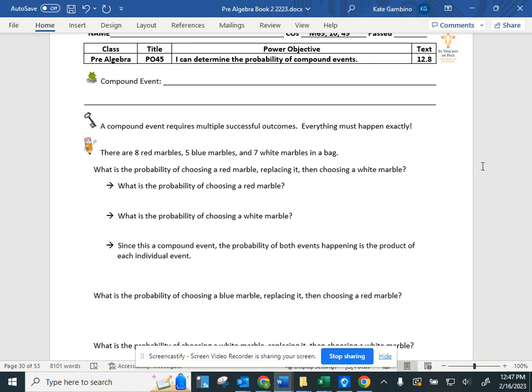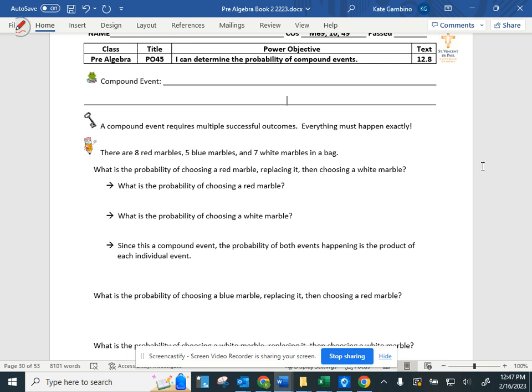Back to today's objective. PO45. It is a PO. This is one that we have to have mastered. So PO45 is I can determine the probability of compound events. So we've talked about mutually exclusive. We talked about overlapping. Now we're talking about compound events.